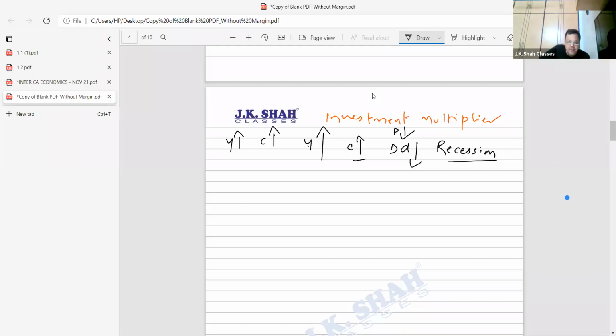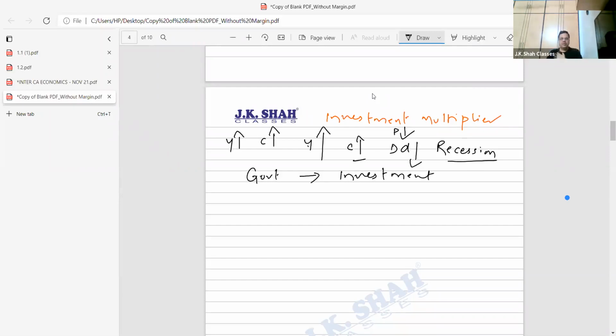When a particular country comes into recession, bacha, it means very bad days in future. No country in the world wants recession. When these kinds of signs are there in the country, please understand, the government enters the picture and makes investment in the economy.